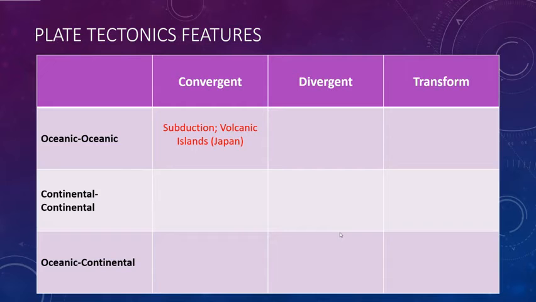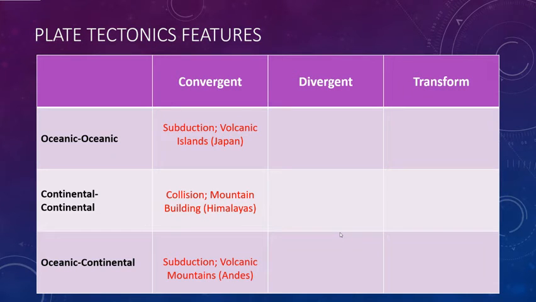If you have two continental plates coming together, we get what's a collision. They're both equally dense, so they just sort of crumple up on each other, and you end up with mountains. A good example of this is the Himalayas. If you have an oceanic plate next to a continental plate and they're converging, then the oceanic plate goes under the continental plate, also a subduction zone.